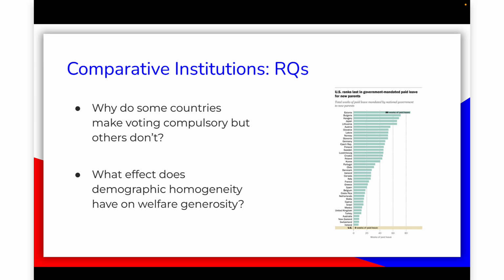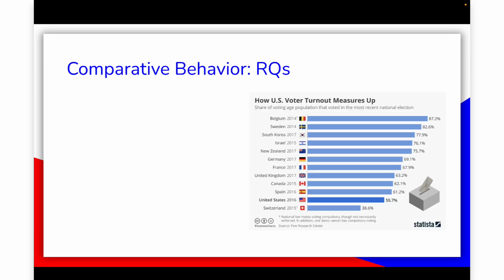Or maybe what effect does demographic homogeneity have on welfare generosity? You're looking at the institutions. Remember how we talked about the United States, where those institutions were the Senate, the presidency, and the Supreme Court. Here, you're looking more at electoral rules or policy rules, that kind of thing.